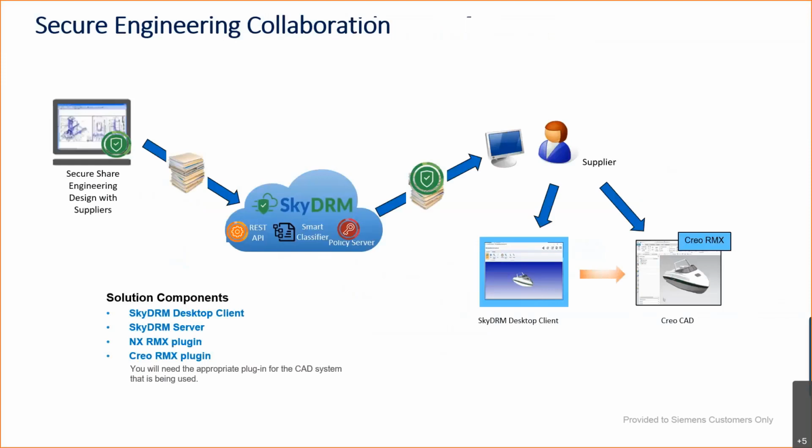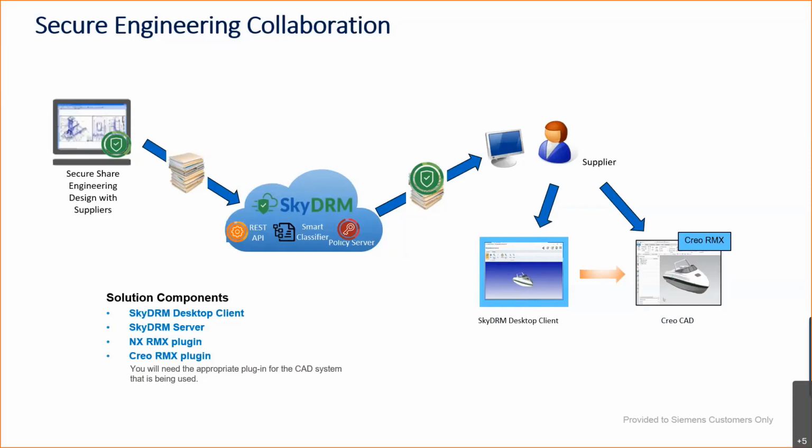It controls the content for the life of the time it is encrypted. Here's a typical scenario in engineering collaboration, where a supplier needs to look at information, and in this case it's secured by NextLabs through Teamcenter. It goes through SkyDRM, as Jim mentioned, which is just our platform for the encryption piece, looking at the policies and applying the specifics for the metadata that is then used in policy.